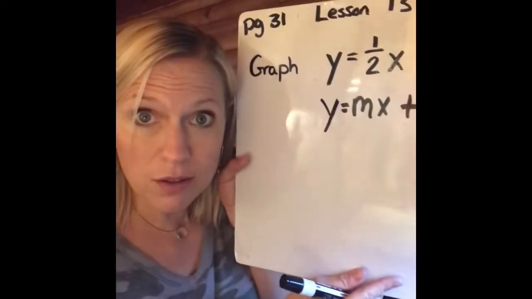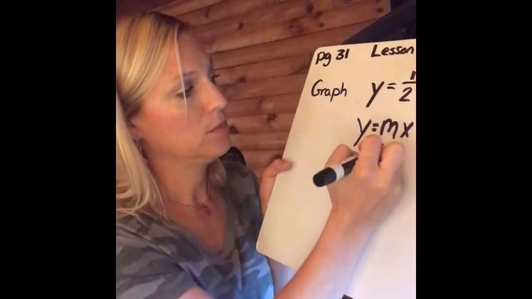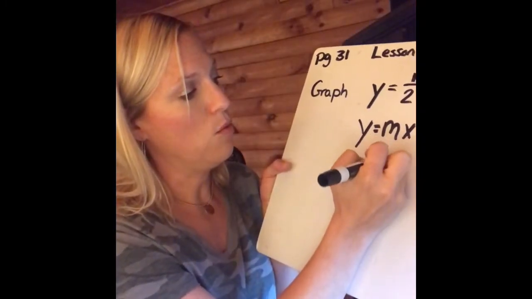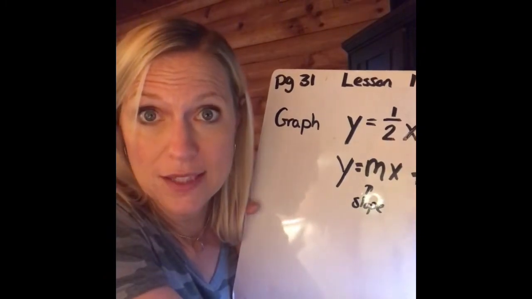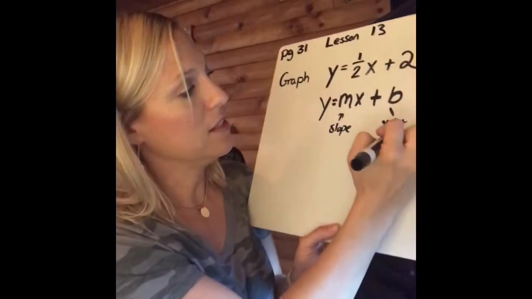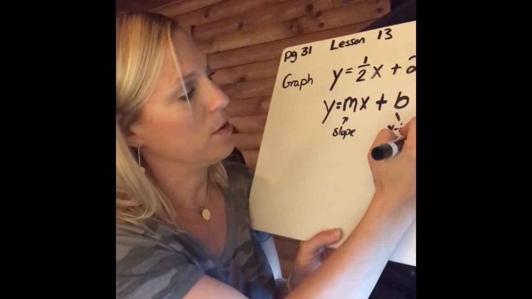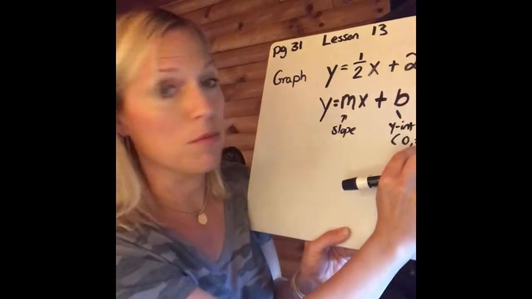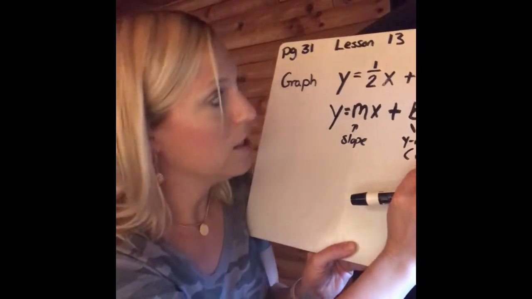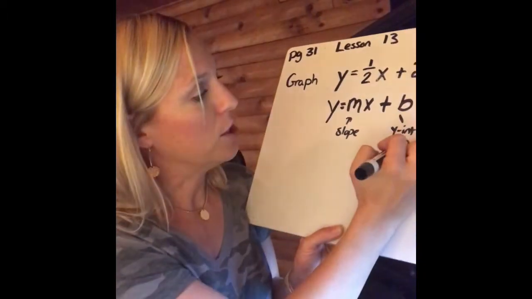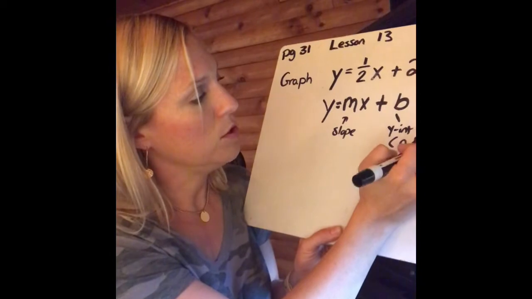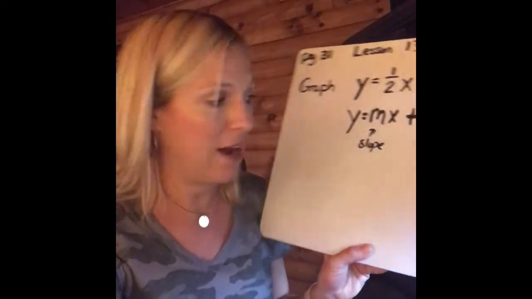And m is your slope. All right, so what happens is the y-intercept is actually a coordinate, a point on your graph. So they often list it like this, 0 and then your b. So whatever number is here becomes the y value in your point. So for our particular equation that I have here, we're going to do 0, 2. That's actually a point right on your graph.